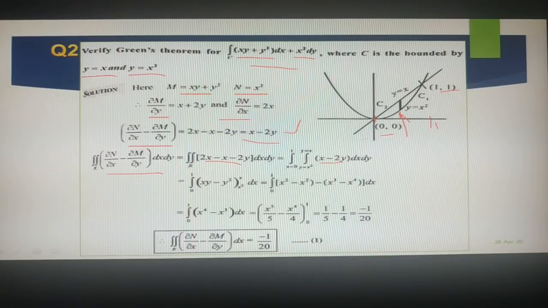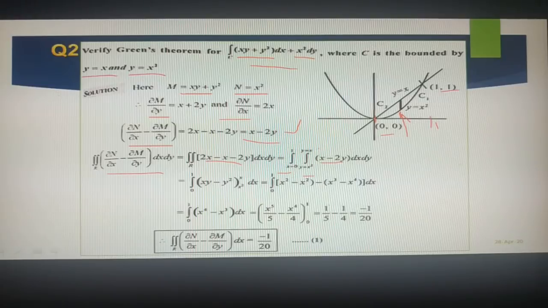So we are taking x as constant limits, x changing 0 to 1, and y in terms of x. So the lower limit is y equal to x square, where it enters, and it exits at y equal to x. That's why we have taken a vertical strip, and if you cover this whole region, that becomes your area.